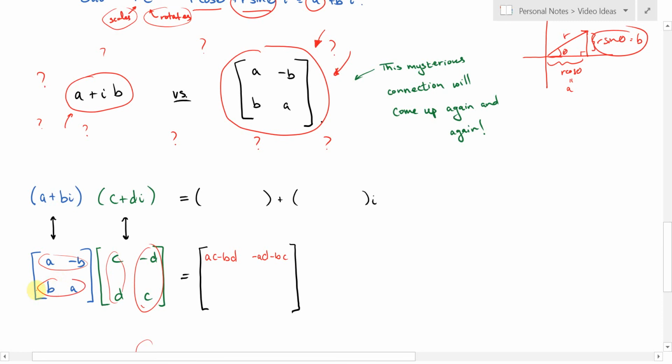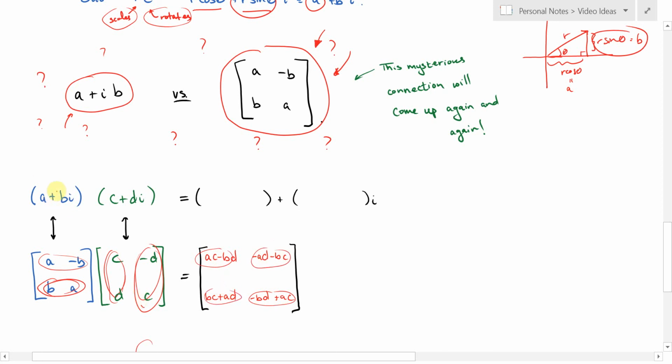And then second row, first column, would be bc plus ad. And then last row versus last column would be negative bd plus ac. So again, notice that indeed it's of the same form. This looks the same as that, and this looks like negative that.